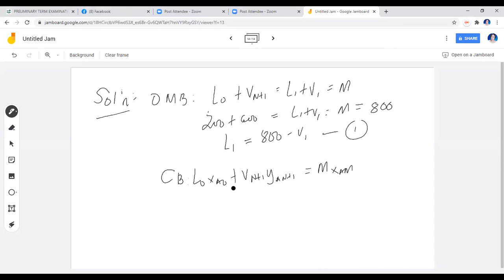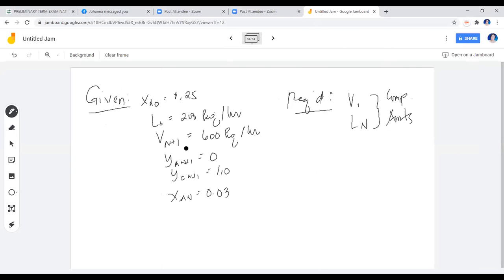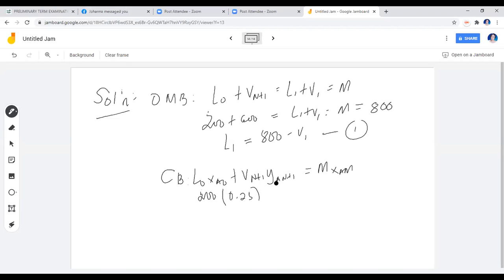So in this case, we'll have an L0 of 200 and you have an XAO of 0.25. 200 times 0.25. And then you have this one as 0 because that's pure. Then I will have an M XAM. My M is 800. My XAM is unknown.